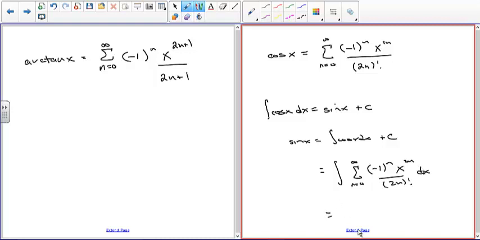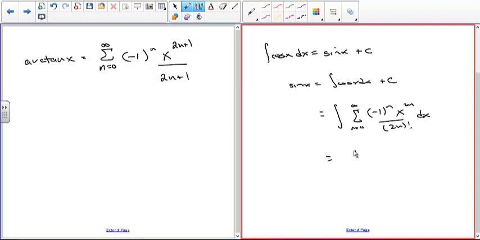So when I integrate this, the summation comes outside of the integral. We don't have to worry about that. The negative 1 to the n doesn't change. So you end up with x to the 2n plus 1 divided by 2n factorial times 2n plus 1, plus c.